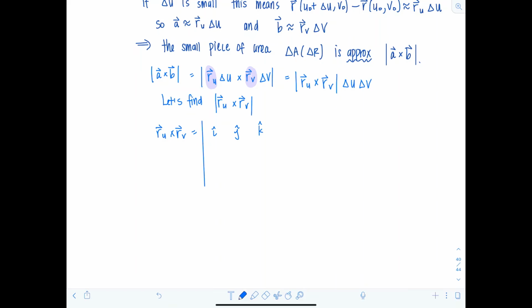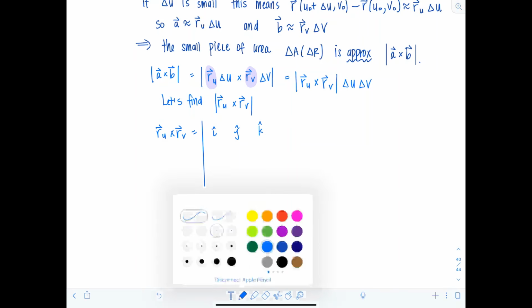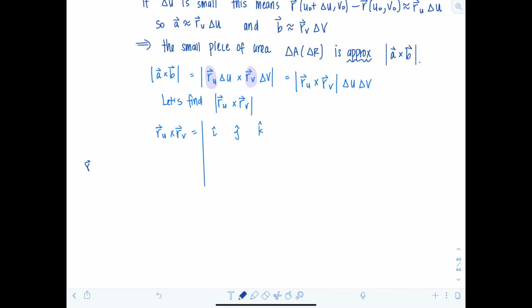Partial with respect to U, remember, who was our friend R? R took UV and mapped it to a position vector in the xy plane. So the partial with respect to U would be del x del U, del y del U, and then there's no third component, so that gets a 0, okay? And then partial with respect to V would just be del x del V and del y del V.